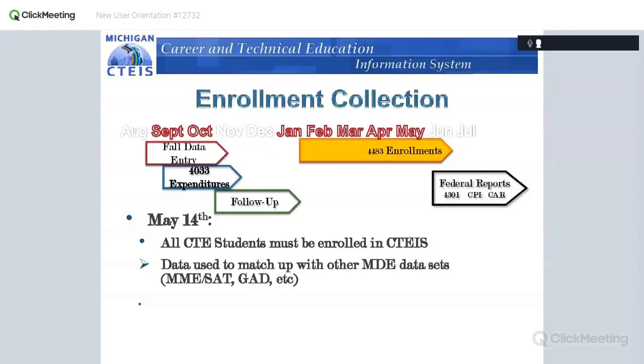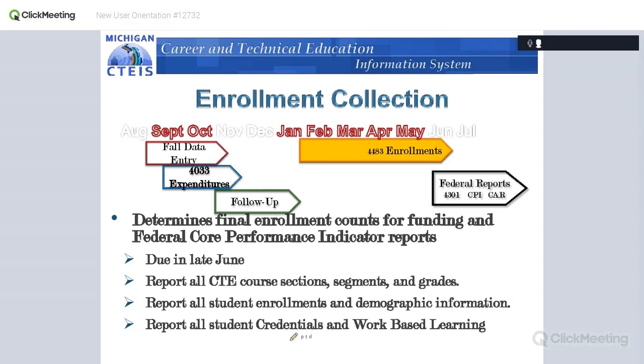And then we wrap it all up. In late June, we have the spring enrollment completion report, or collection, in which we finalize all of the students' course enrollments. We get that in, we verify it, we collect it, we use that. We also collect credentials and work-based learning, and these are part of the enrollment collection, and we'll go into more detail on those in the individual courses.